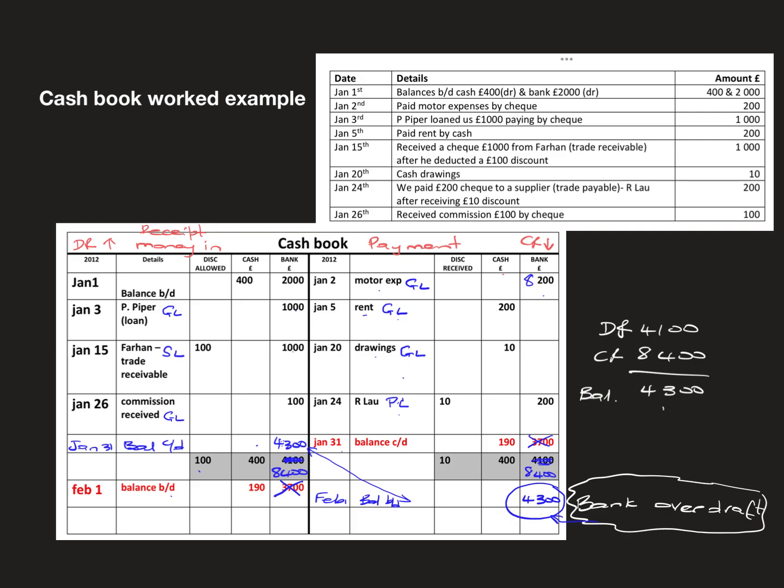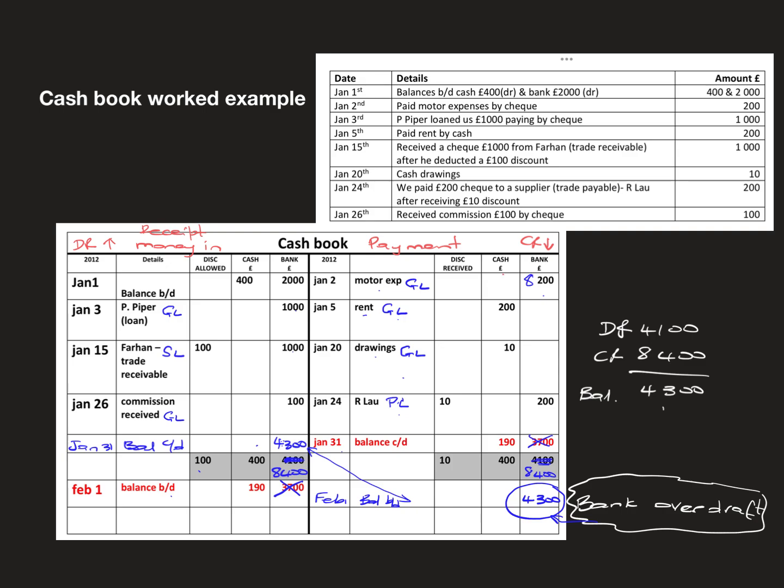So you'd end up with a credit balance. So you'd have two balances, one on the debit side for cash, and the other on the credit side for bank. The balance on the credit side would be a bank overdraft. That's what it would be known as. And there are some questions that will actually show you that.